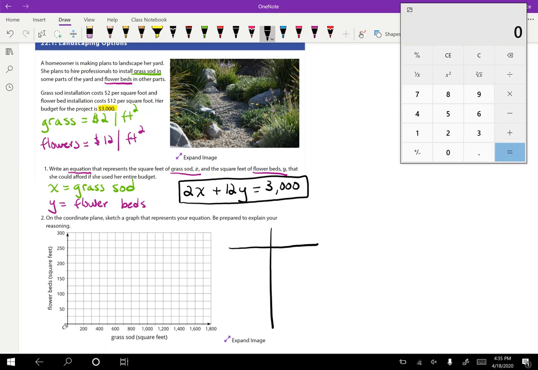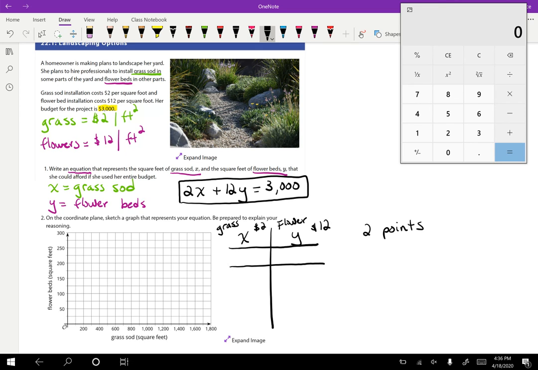Remember, when you're graphing a line, you only really care about 2 points, because once you have 2 points, you can take your ruler and draw your line right through them. So I'm going to focus on 2 easy points to get, and those are your intercepts. X is your grass, and that's $2, right? And Y is your flower bed, and that's $12 per square foot.